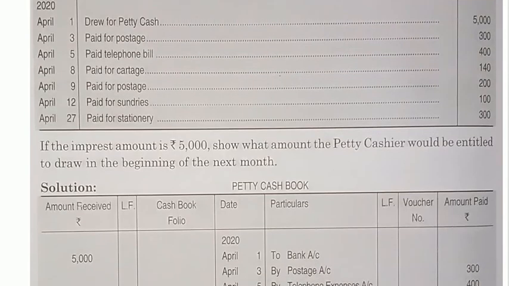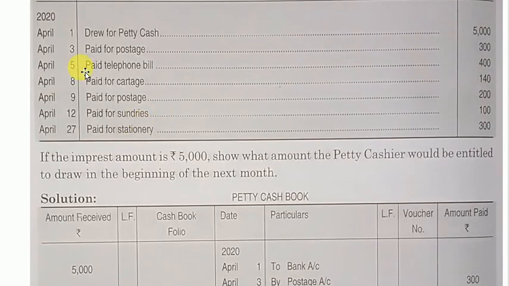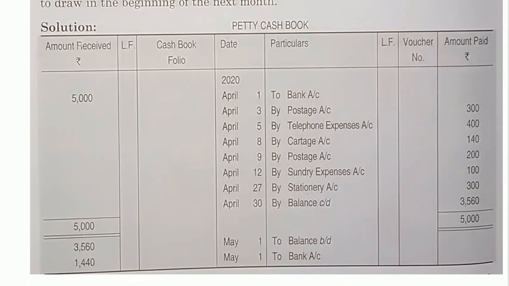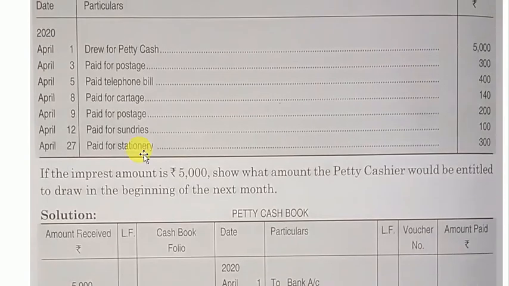Now comes another transaction: on April 8th paid for cartage worth 140 rupees. This is also recorded on the right hand side with an entry of 'By Cartage' on April 8, 140 rupees. And now another transaction: April 9th paid for postage amounting to rupees 200.